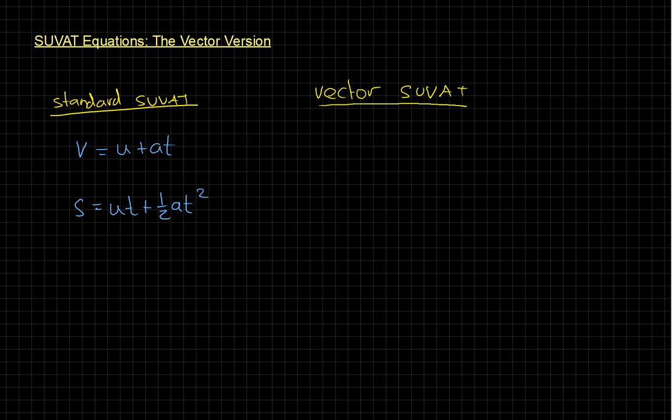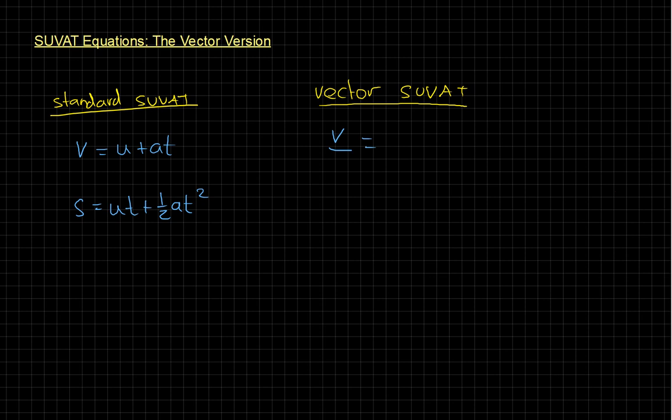Okay, so all we have to do is consider which of these quantities in the equation can we turn into vectors. So v is velocity. In 1 dimension it's just a positive or negative number, but in 2 dimensions it can be a vector. So I'm going to change that into v as a vector, just put a line underneath.